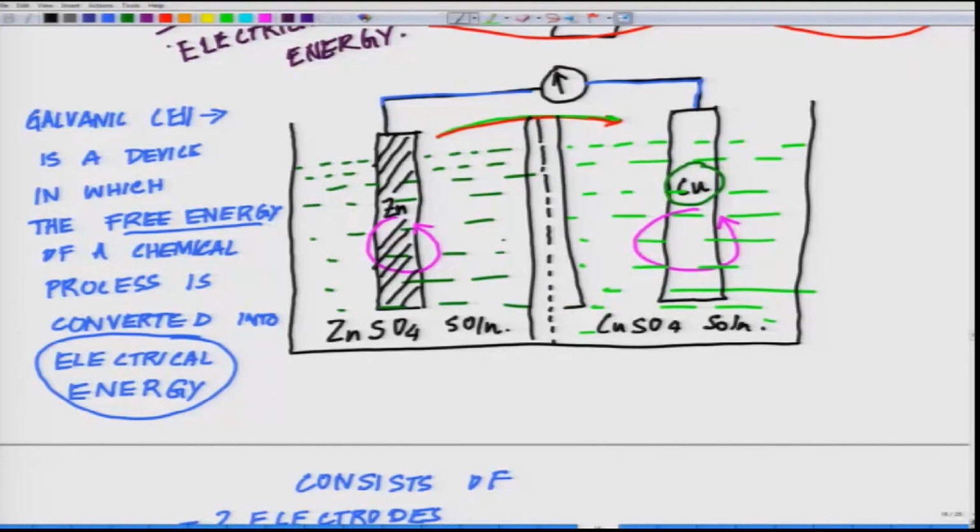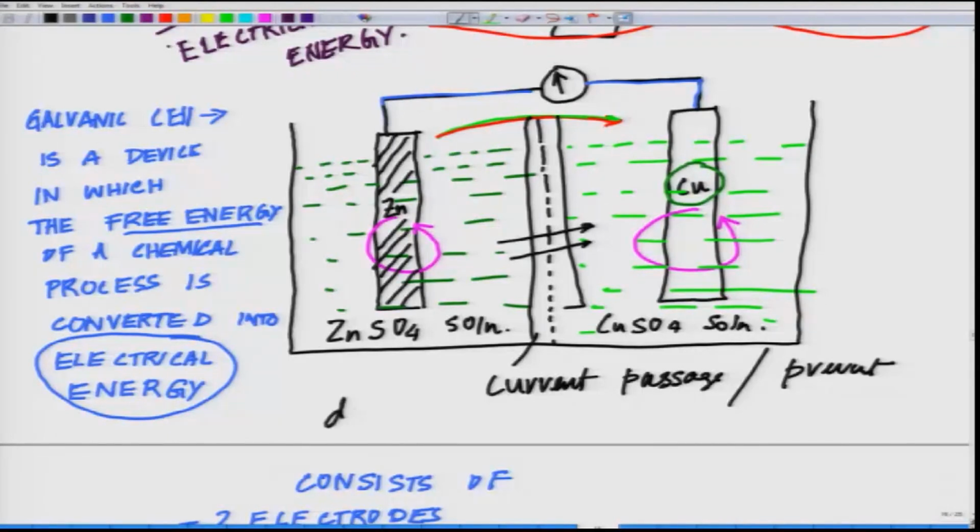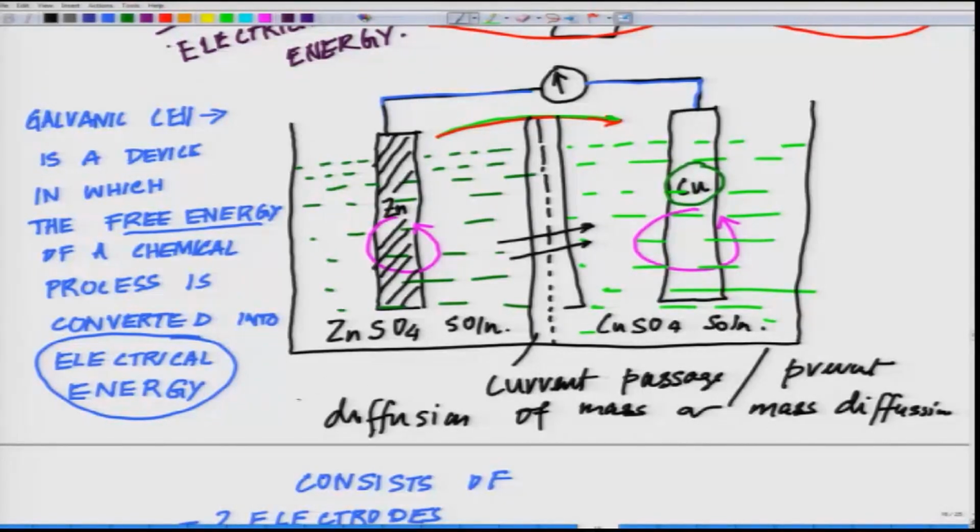The barrier allows current to pass through it but prevents mass diffusion, so it does not allow these huge salts to move through it.